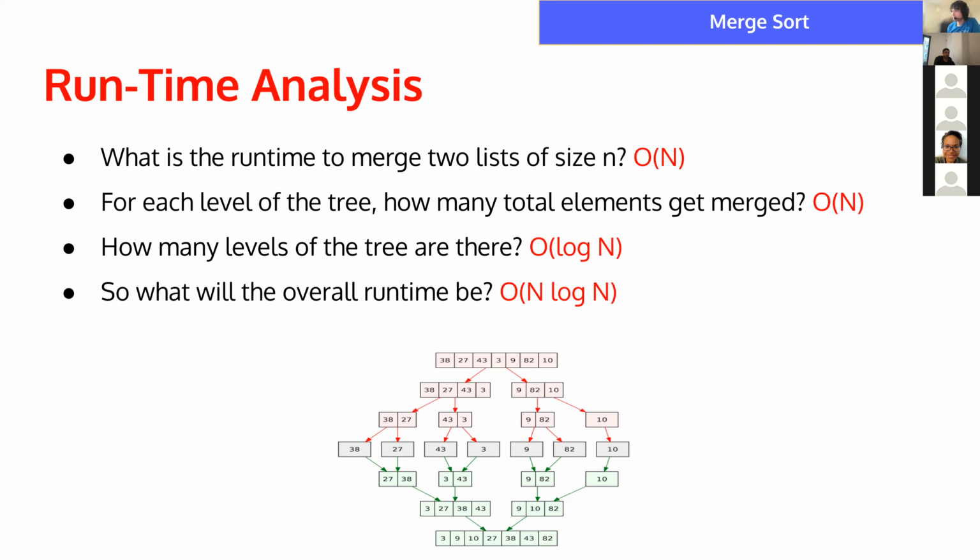I'm sorry. Yeah, definitely. So in this case, if we think about the length of the array at the very top being 8, then the length of each of the arrays one level down is 4. One level down from there is 2. One level down from there is 1. And once we get to 1, that's the base of the tree, because that's our recursive case.